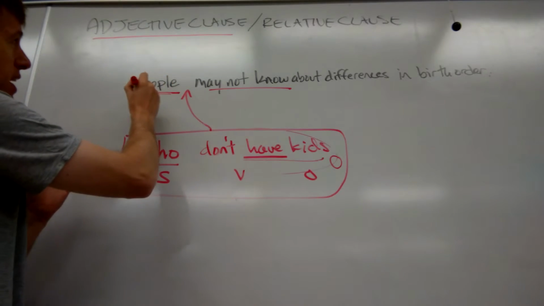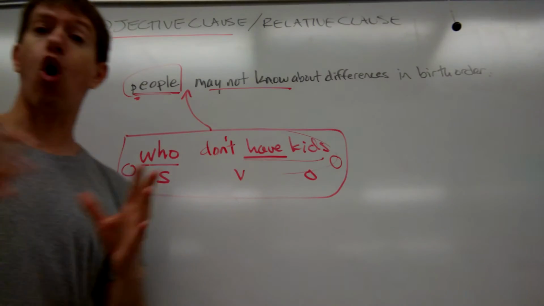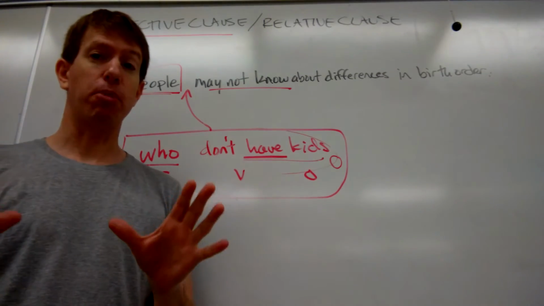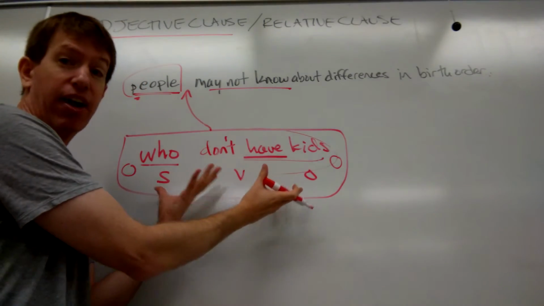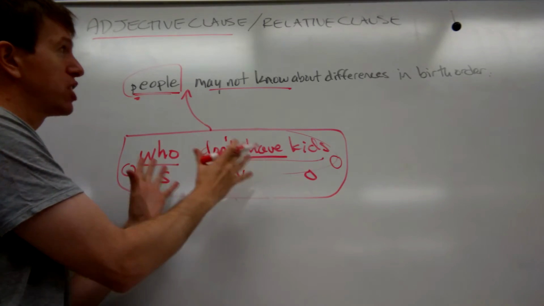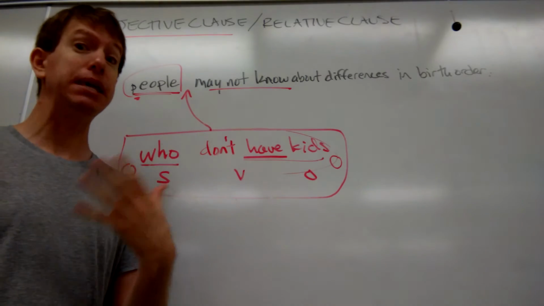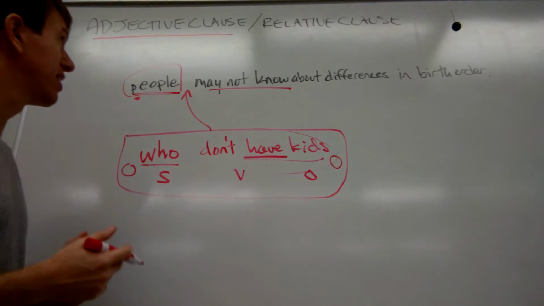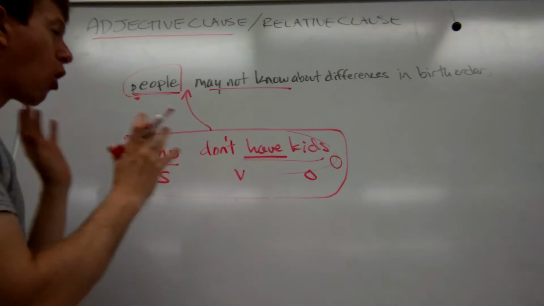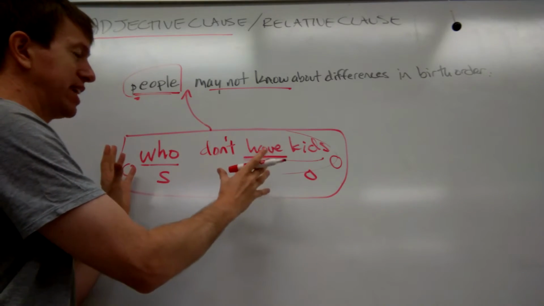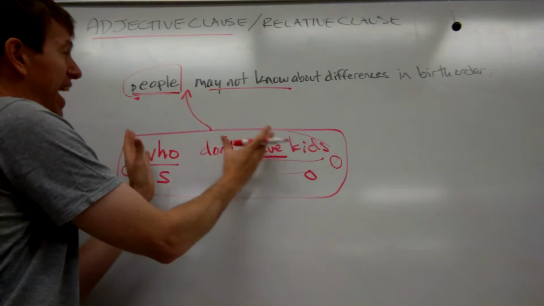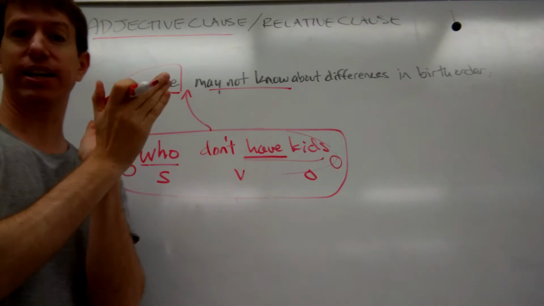The reason is, I'm not talking about all people. So this is absolutely necessary to let you know which kind of people I'm talking about. I'm not talking about all people, I'm only talking about people who don't have kids. This helps identify which people I'm talking about.